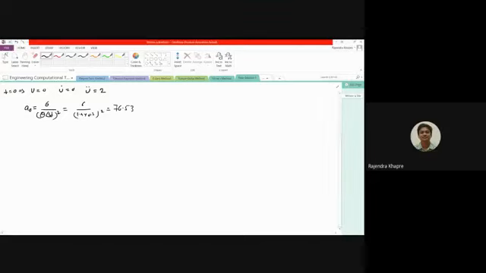Similarly you can get the value of a1. So a1 is 3 divided by theta times delta t. If you substitute these values, you are going to get 10.71 as a1.